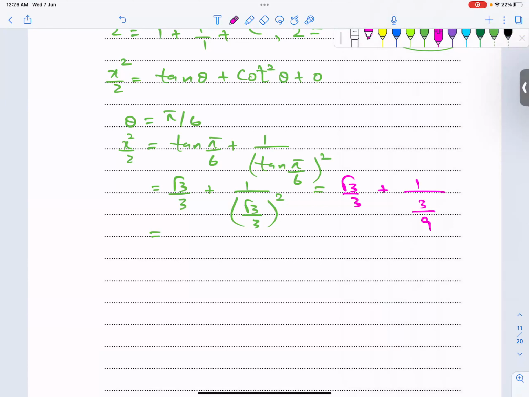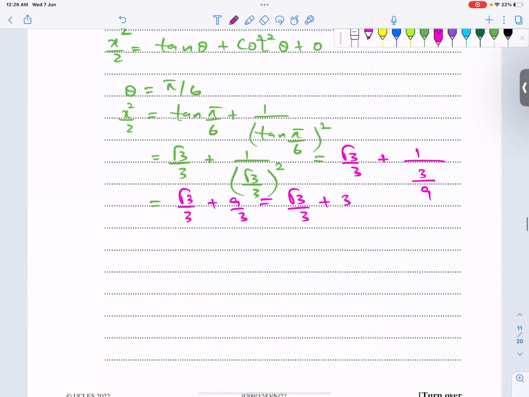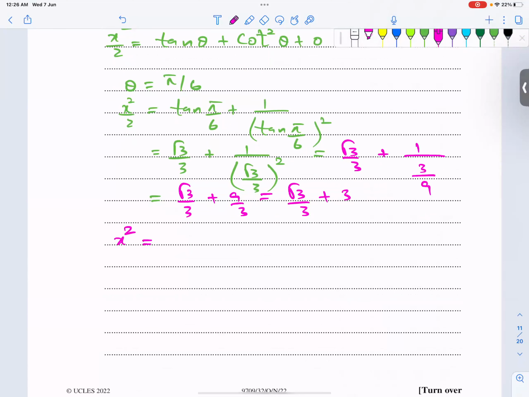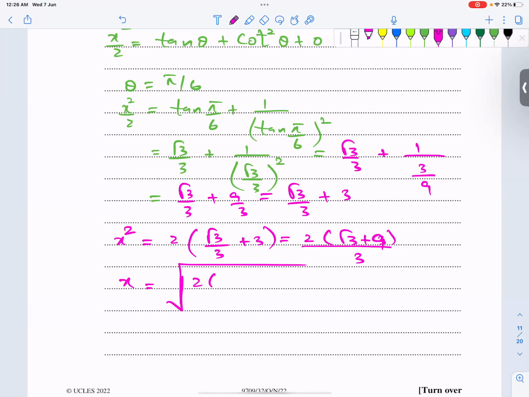This will be square root 3 over 3 plus 9 over 3. That will be square root 3 over 3 plus 3. So x squared is equal to 2 times square root 3 over 3 plus 3. Now take the LCM also, and now take the square root of this.